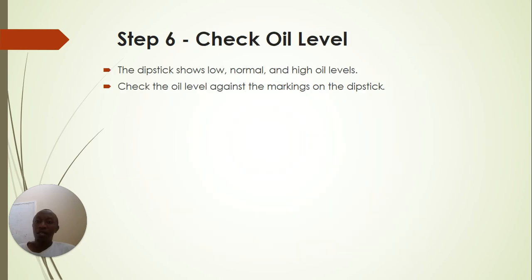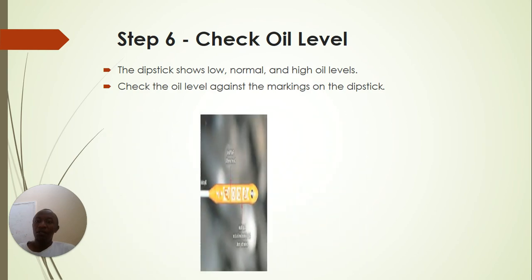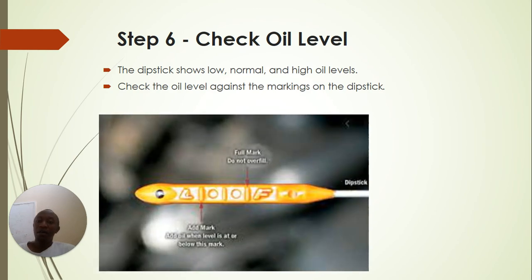Next step is you check the oil level. The dipstick has markers that will show you whether it is normal, high, or in between. If it is low, the recommendation is you add. If it is too much, you need to reduce it so that it is on the right level.